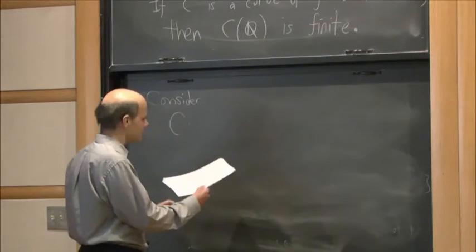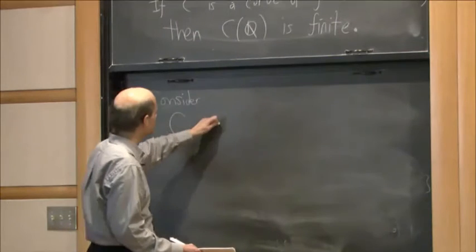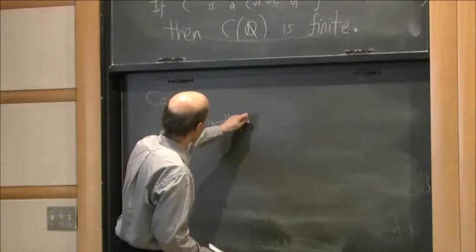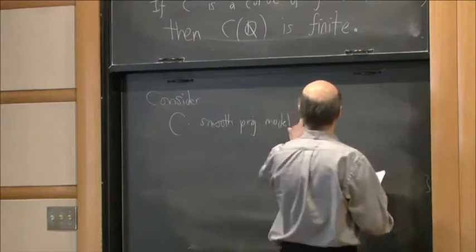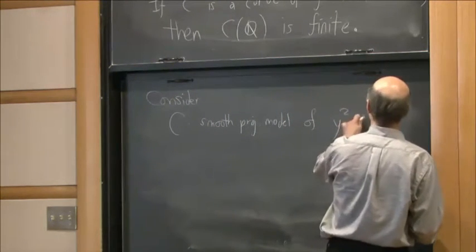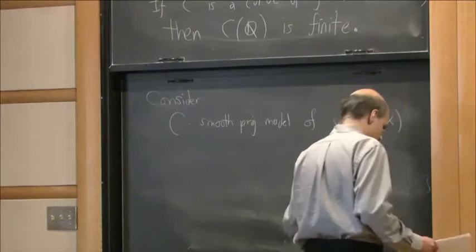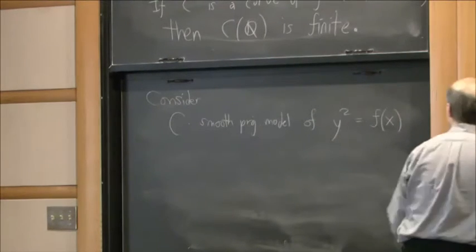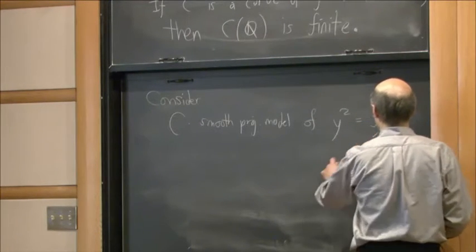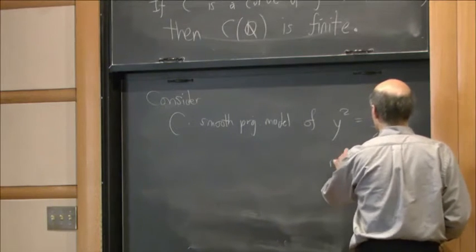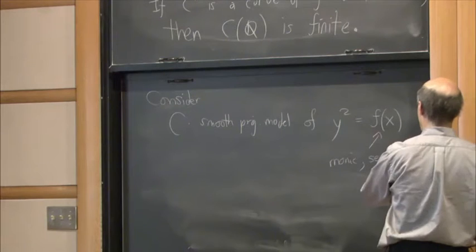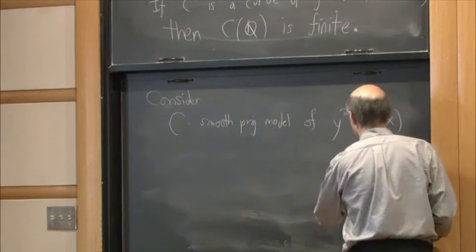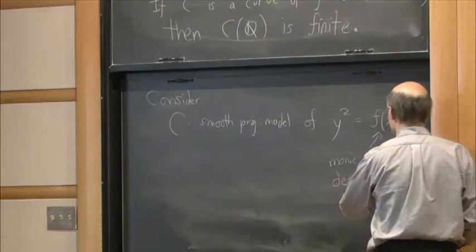So C will be the smooth projective model of the curve y squared equals f of x, where f of x is a polynomial. I can assume it's monic, separable, and of odd degree, so degree 2g plus 1.